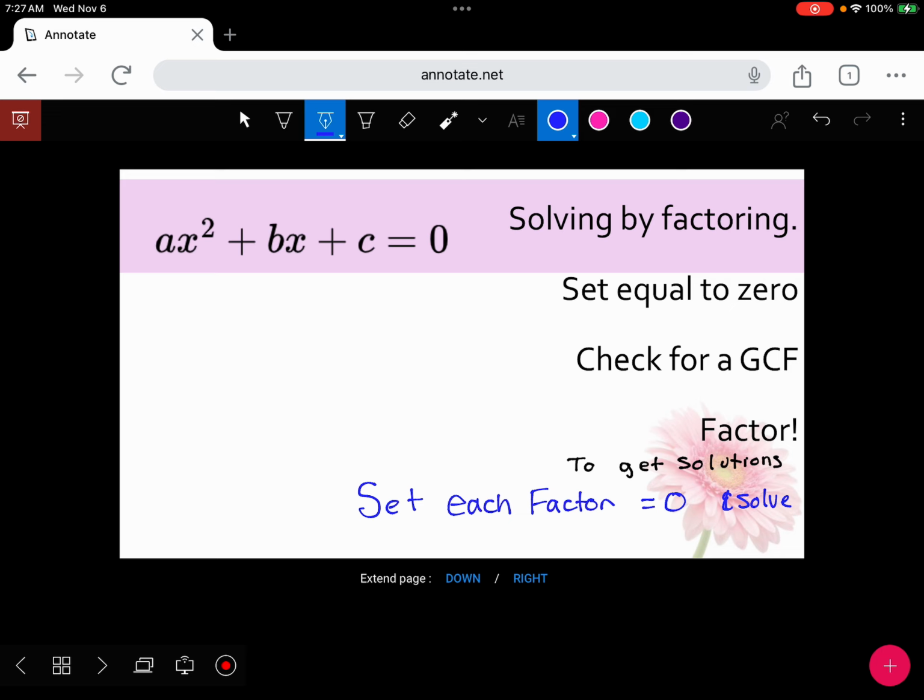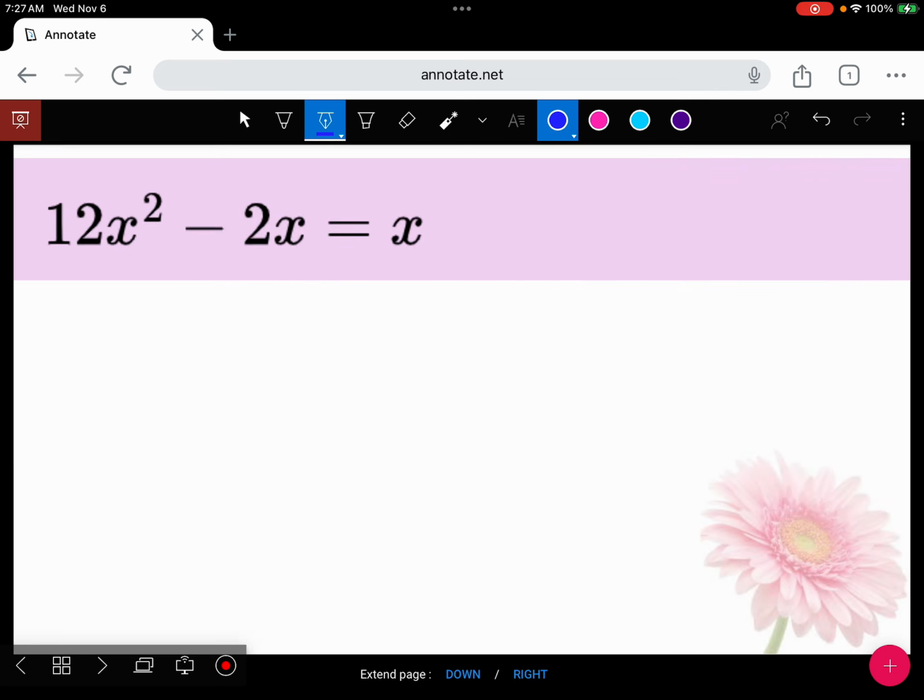Okay, I'm going to change it in 3, 2, 1. All right, so here's our first one. So the first thing we need to do is make it equal 0. Ideally, we'd also like to have our x squared be positive, just because factoring with a minus x squared is super gross. So I don't necessarily want to move my x squared.